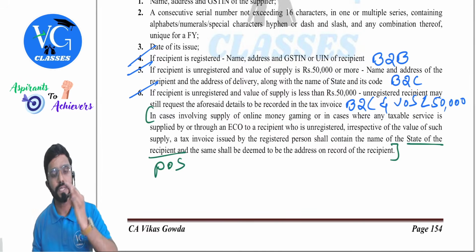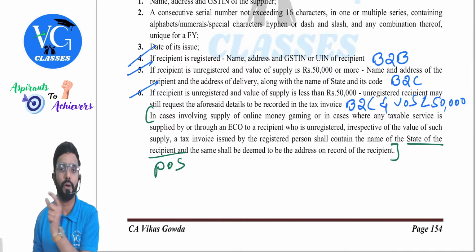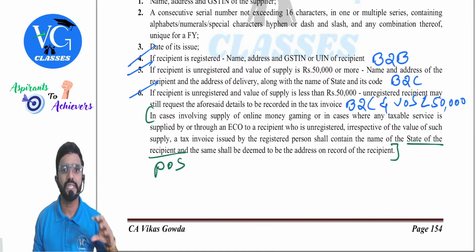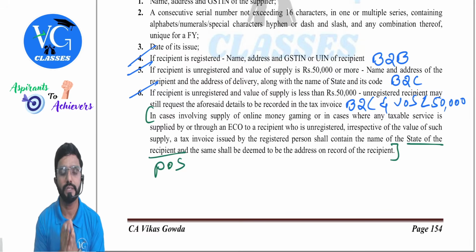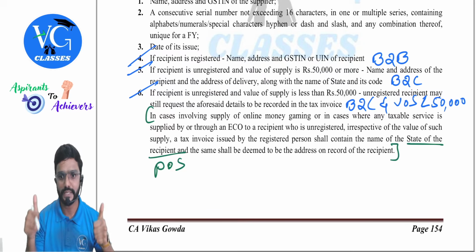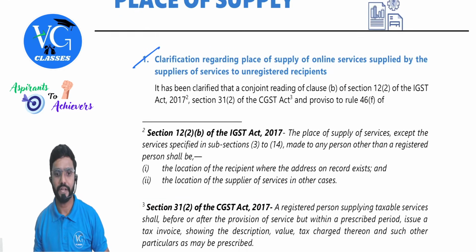Then even though the recipient is unregistered, the supplier has to disclose the name of the state of the recipient, which is considered to be the location of recipient, which is also the place of supply with respect to this supply of services. Got it? Yes, sir. So that is what they have given as the clarification.